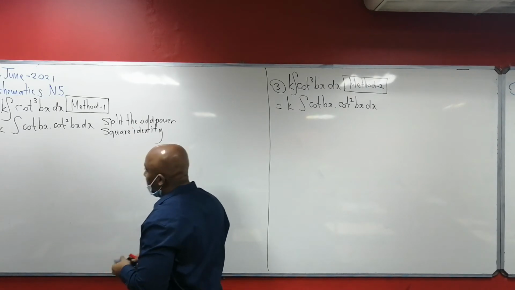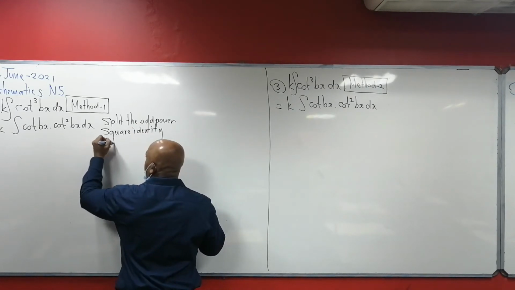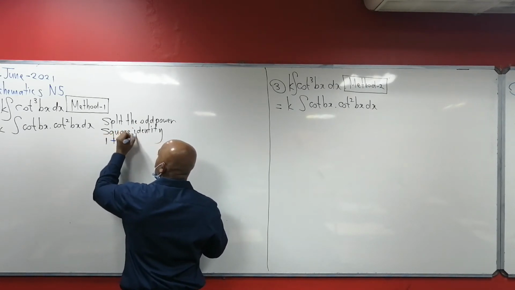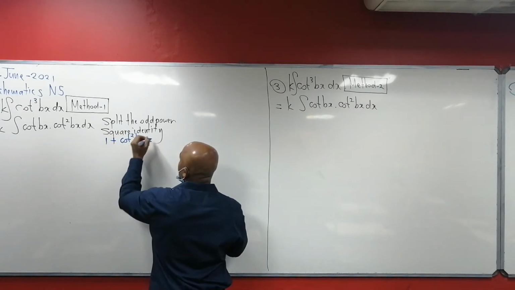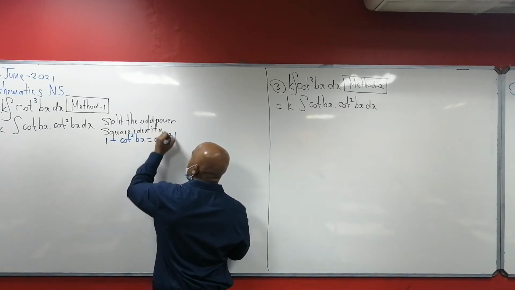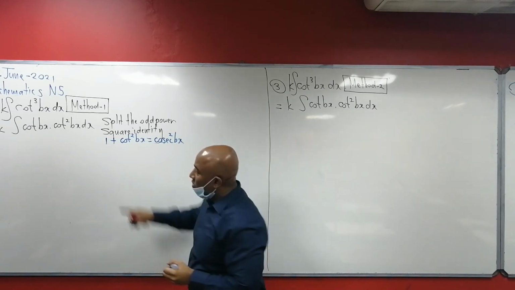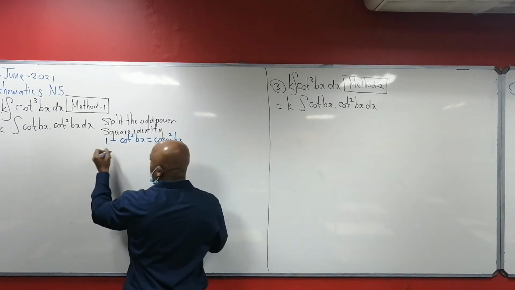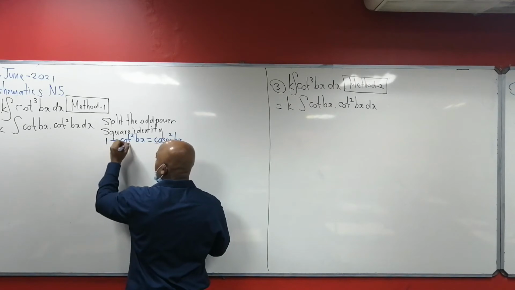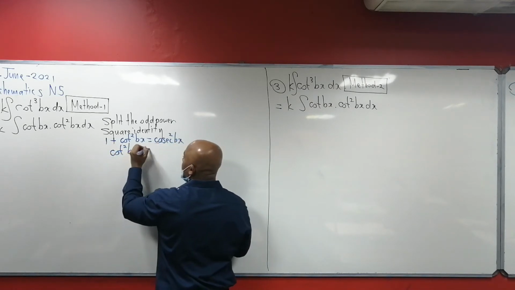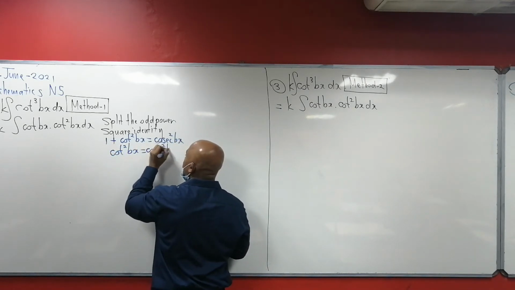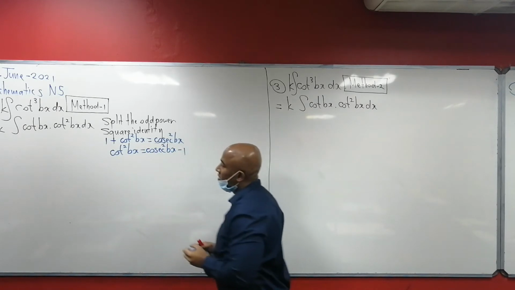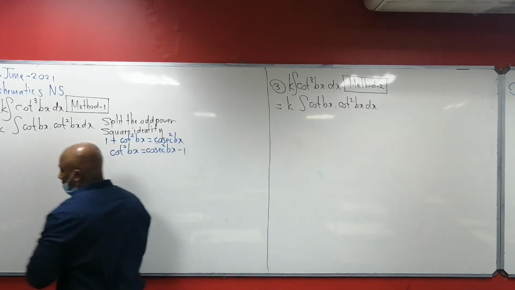So your square identity, you know that 1 plus cot squared is equal to cosec squared. So we have cot squared there. I need to make cot squared the subject of the formula. So cot squared is equal to cosec squared minus 1. So let's do it here.